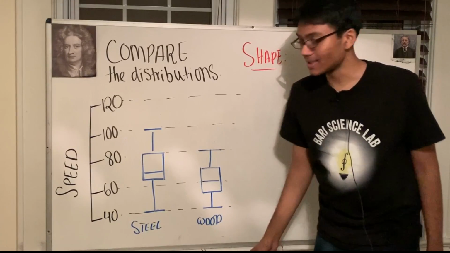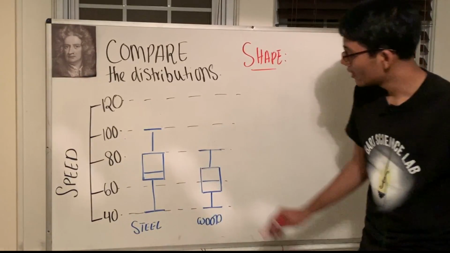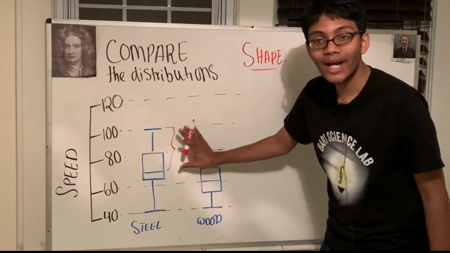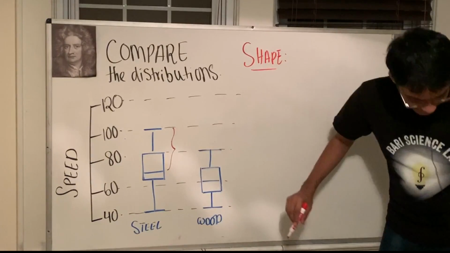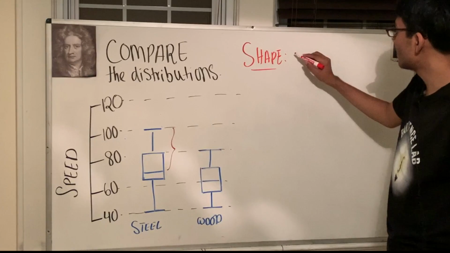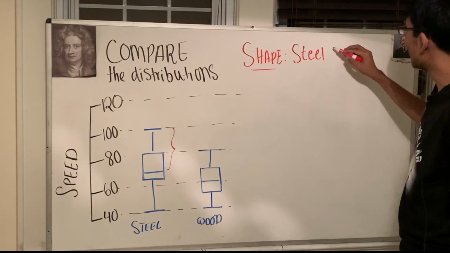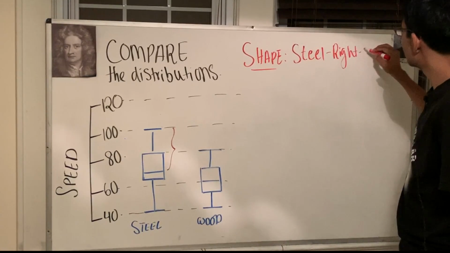In fact, the median is skewed to the right. You can see a lot of data values are scattered over a wider range, and so this tells me that the steel distribution is right skewed.